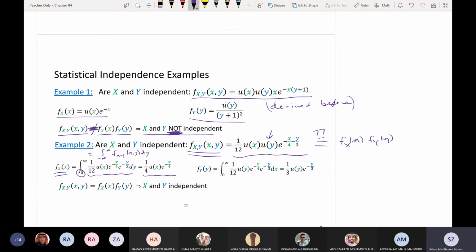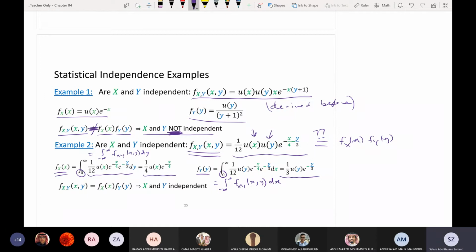Similarly, in order to find the marginal PDF of y, we need to integrate the joint PDF from minus infinity to infinity with respect to x, dx. Now, if we integrate from 0 because x starts from 0 also, we end up with this.